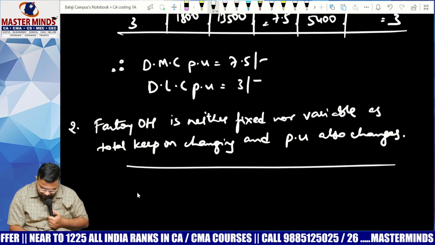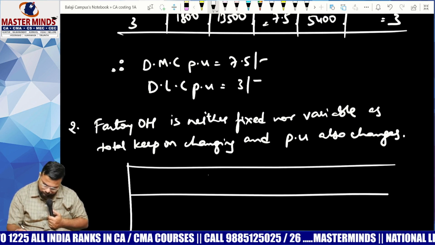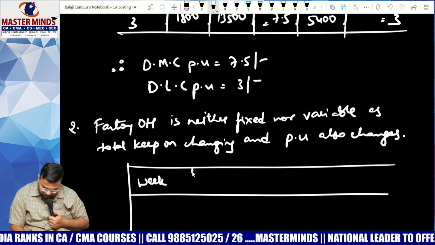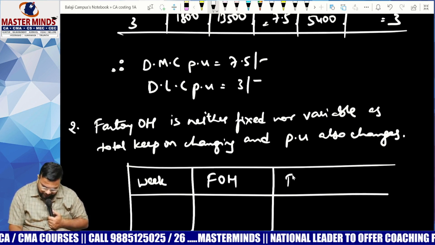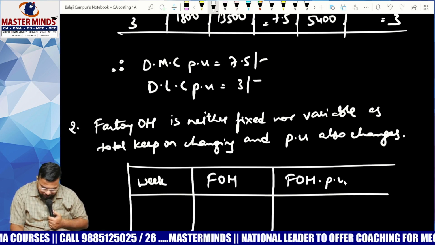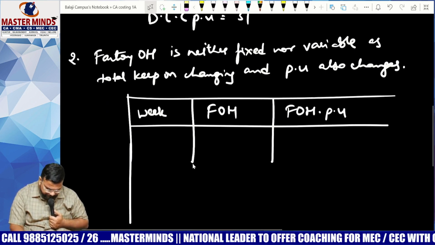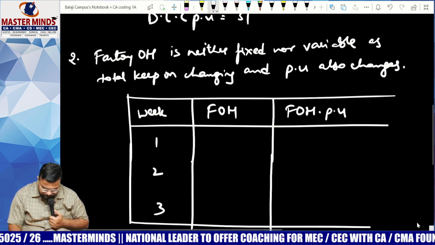To prove that, I will prepare a column: week, factory overhead, per unit. Are you able to follow? Right. So weeks 1, 2, 3.